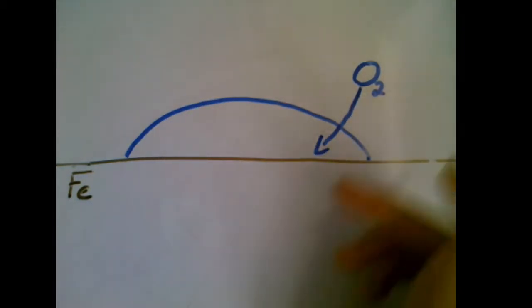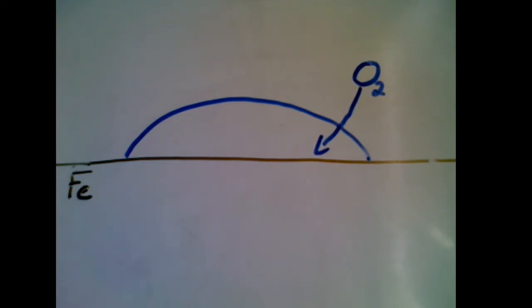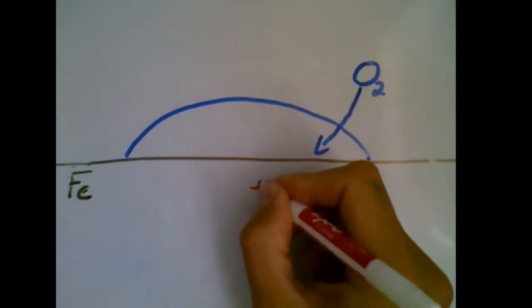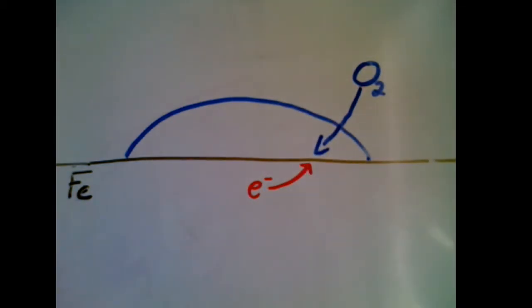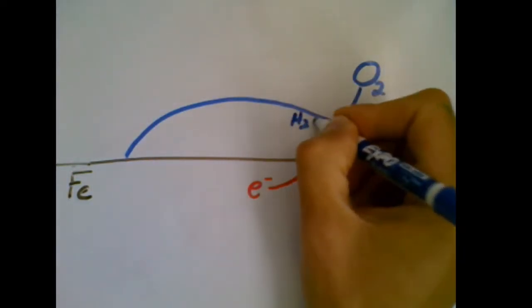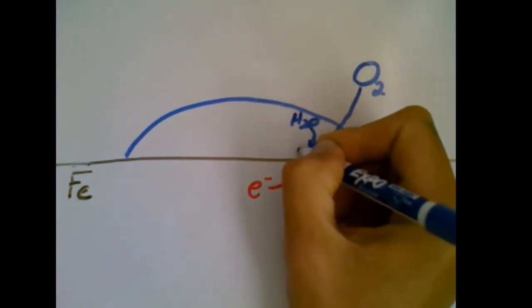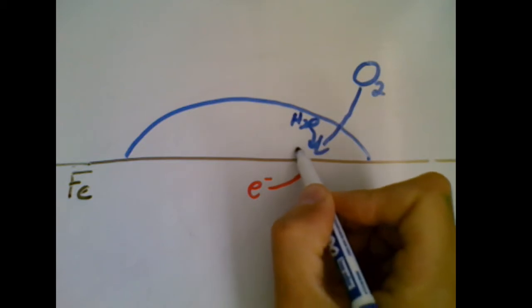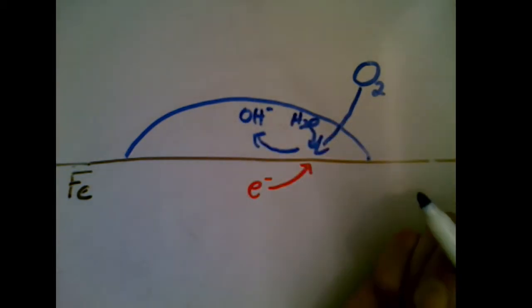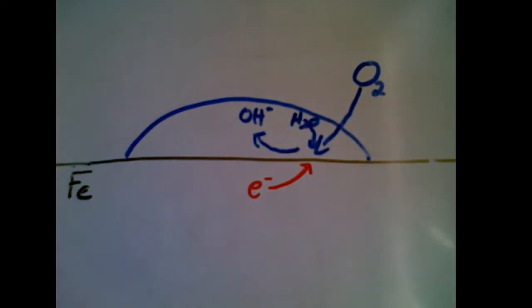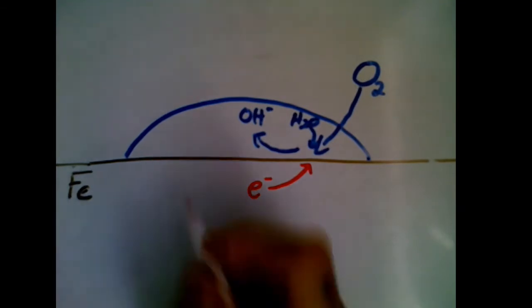When the oxygen and the water come to the surface of the iron, the electrons in the iron are going to be given away. Those electrons are going to be taken by the oxygen and the water, which combine together and produce hydroxide ions.